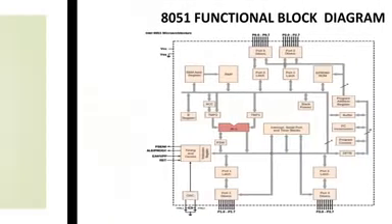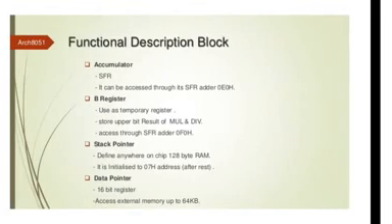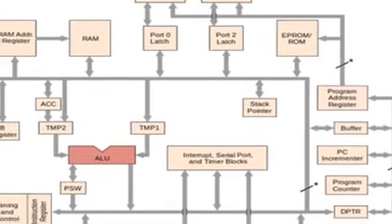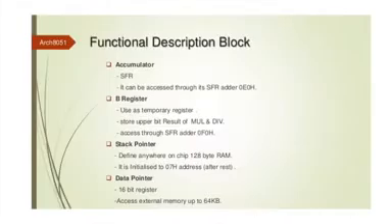Next, we already discussed the accumulator and B register. Now we will discuss the stack pointer. A group of memory locations in RAM is referred to as a stack. In the internal memory, a group of a few locations is referred to as a stack.